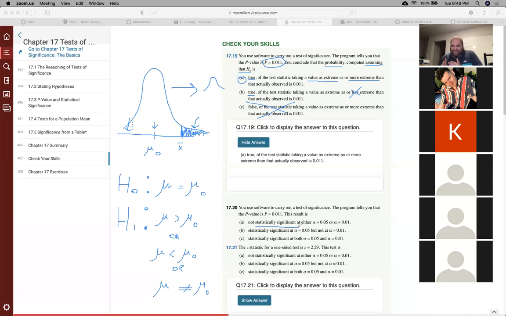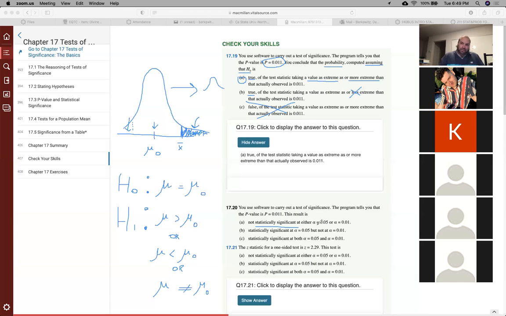A result is statistically significant if I would then reject the null hypothesis, if the p-value is small enough that I would reject the null hypothesis. What does small enough mean? Your alpha is your level of significance.